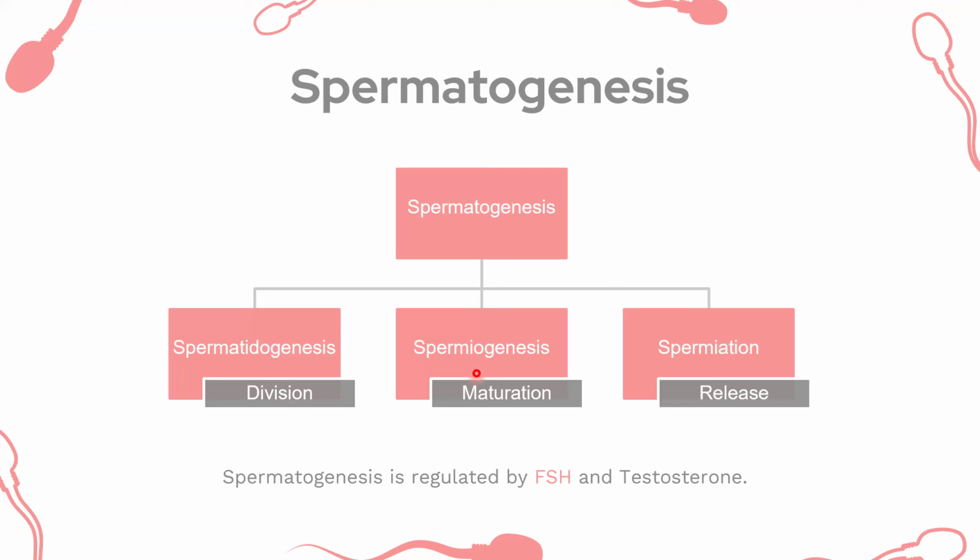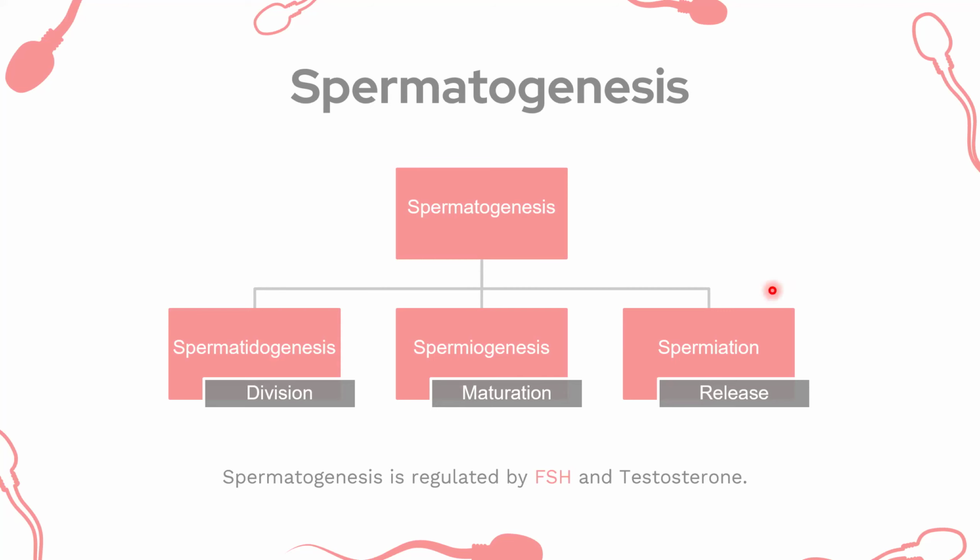So I'm going to have spermiogenesis, okay? Lastly, I want to actually release the sperm that I had, and this is the process of spermiation. So first of all, I'm creating a spermatid in spermatidogenesis. Then I'm creating a fully mature sperm in spermiogenesis. And lastly, I release it using spermiation.